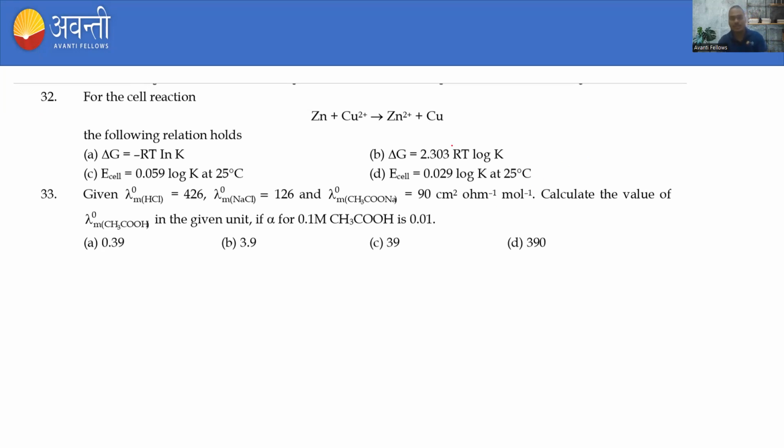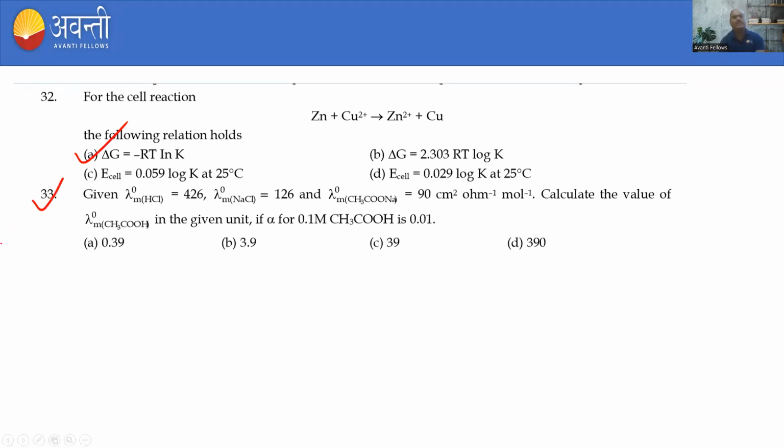So for this cell you need to calculate this thing, right? What is the relationship that holds true for this reaction? The following relation holds true: delta G is equal to minus RT ln K. So this is the correct one.